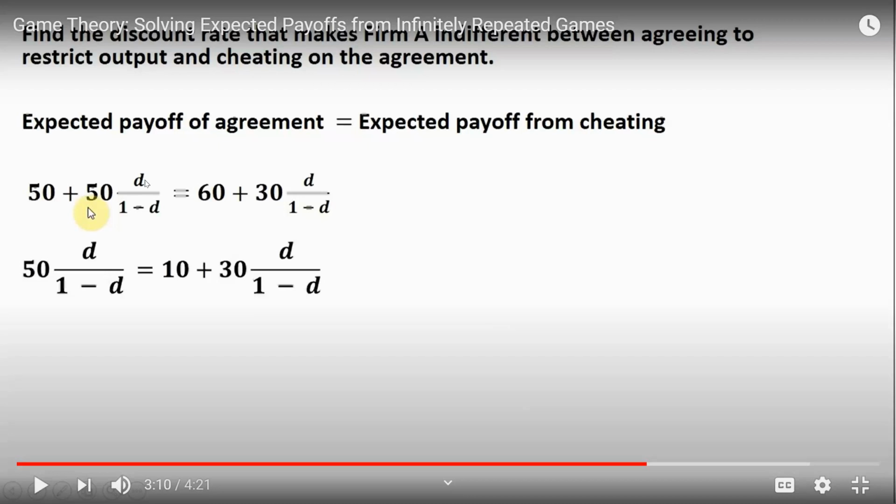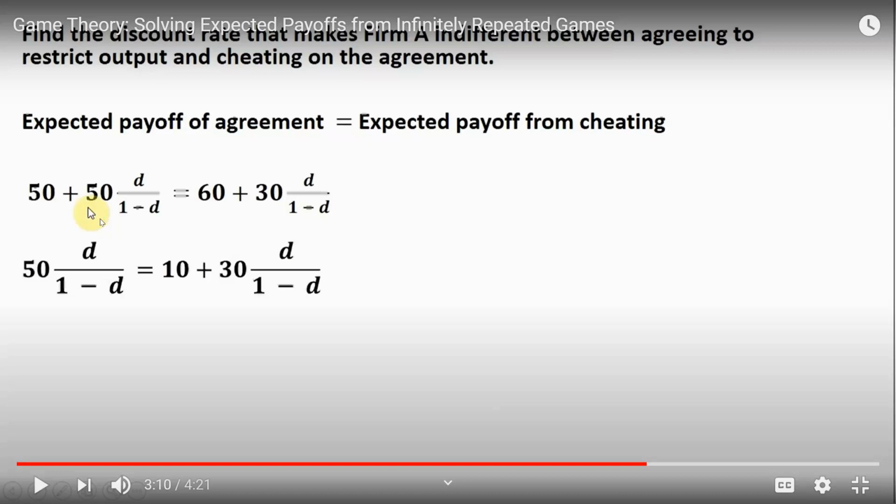So it's basically the discount factor over 1 minus the discount factor that goes here. And the formula works fine for this side because in this example the agreement is 50. For us it would be 10. So you can just use the simplified example of the present value.